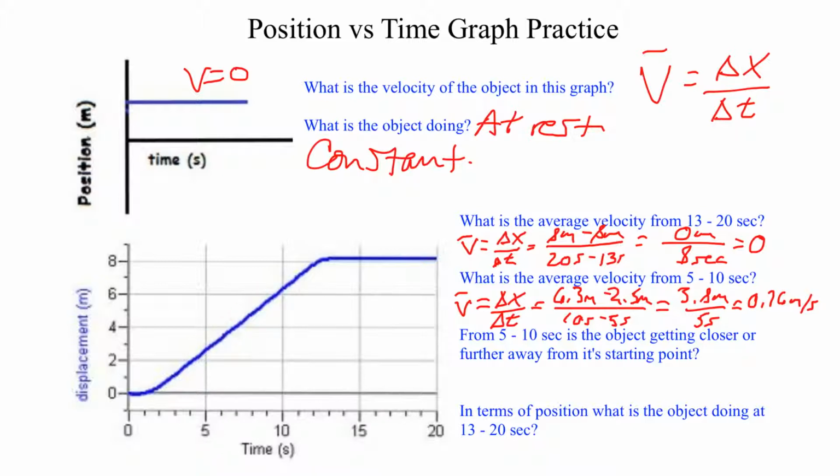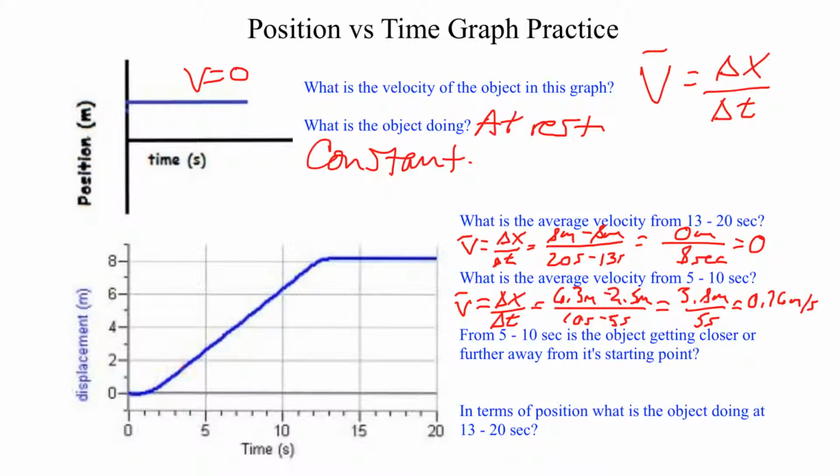This right here is where it started from. If the object had been on its way back down to touch 0 again, then we could say that it's getting closer to where it started from.